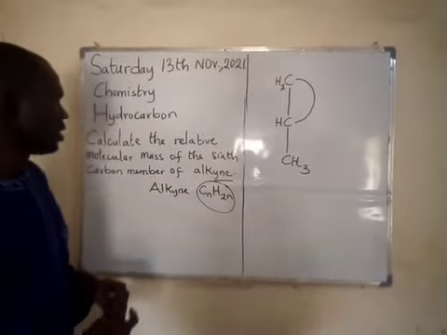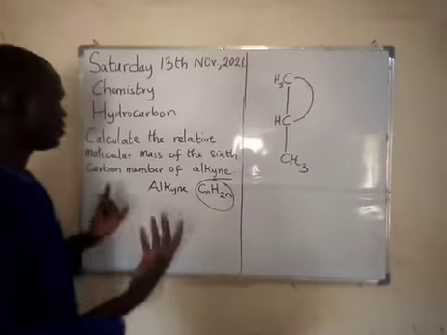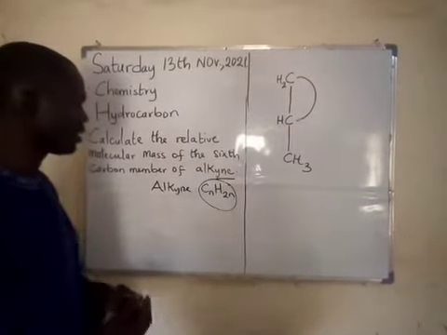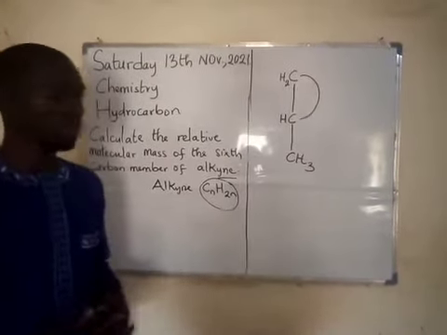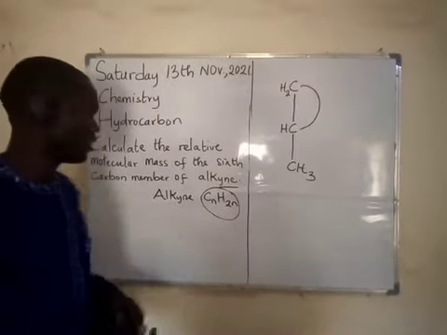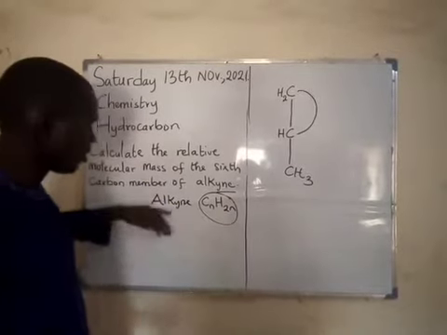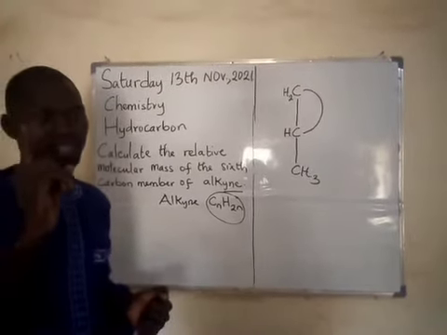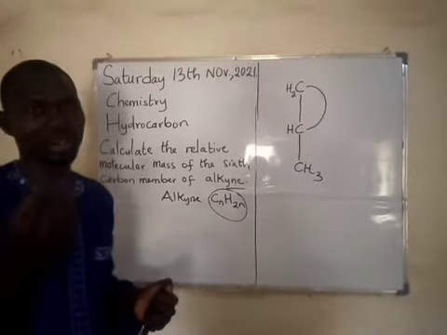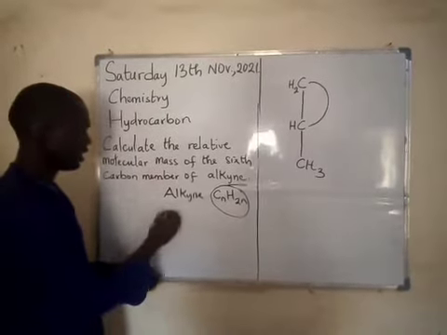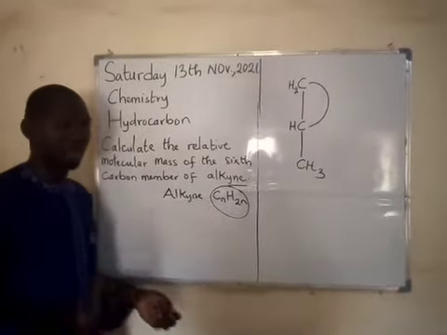Now, let's check. Since we have been told that we should find the sixth carbon member, that means n will be equal to 6, because this particular member, the unsaturated hydrocarbon, doesn't have the first carbon member. They don't have methane. So it starts from the second carbon.